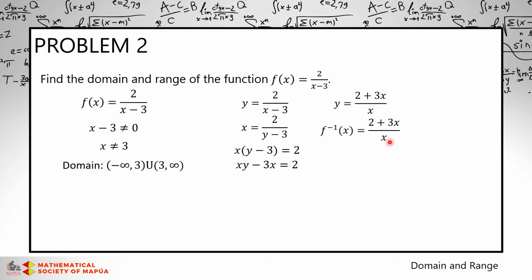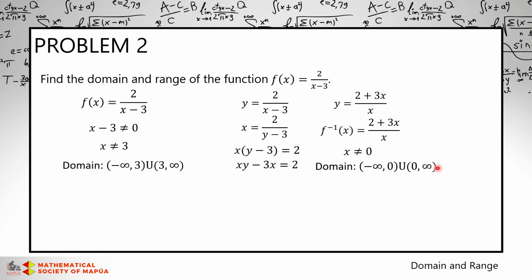Ngayon is fraction lang. Sorry. So, ang magiging restriction natin is denominator should not be equal to 0 or x should not be equal to 0. Therefore, ang domain ng inverse natin would be ayan, negative infinity, 0, union, 0, positive infinity.